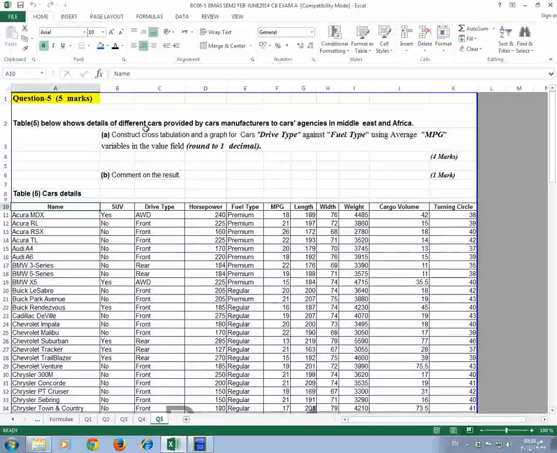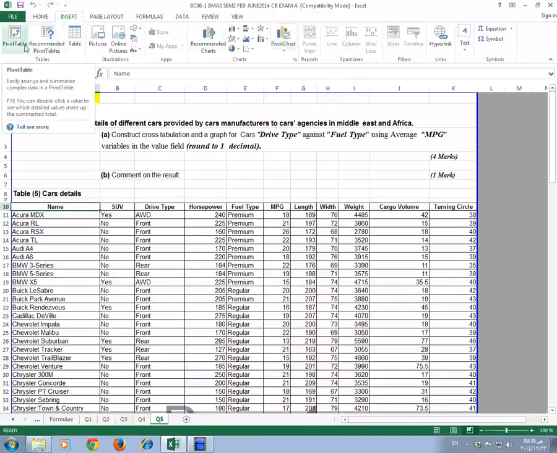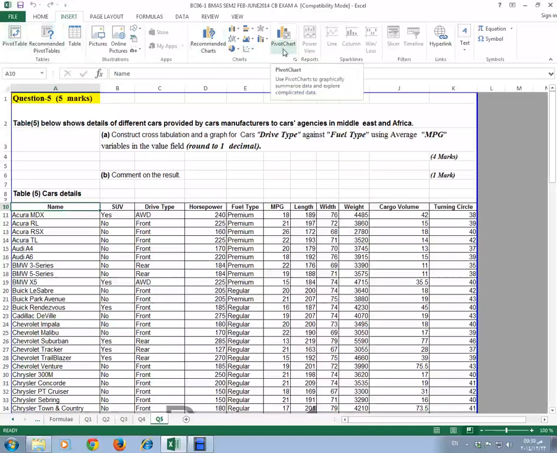So how do I do that? Insert, and then from here I will see pivot chart. That means you cannot make a chart without having the table. When I click table only, it will give me the table. If I click pivot chart, it will make the table and the chart.